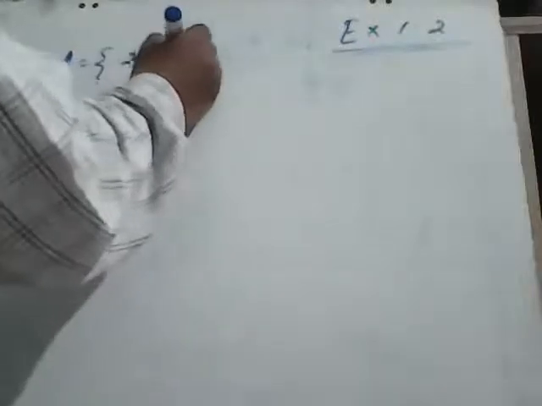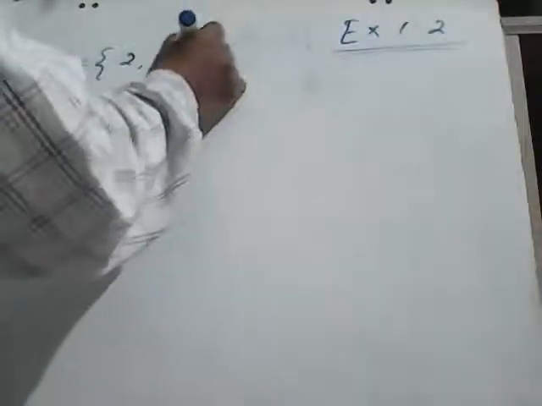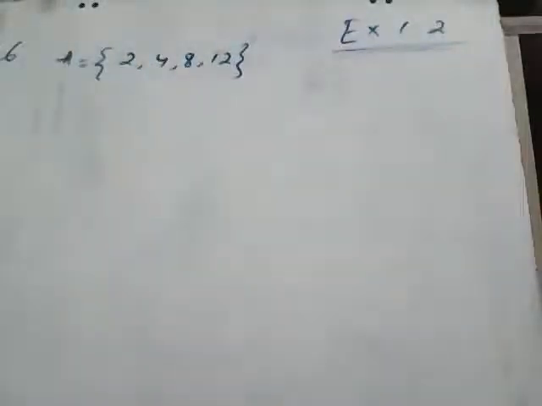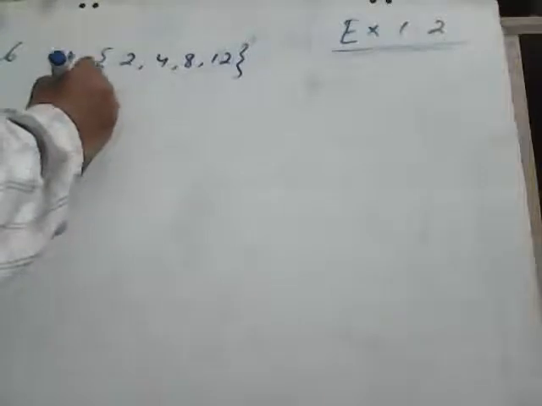When you are checking, select a set, compare that set with all other sets. Here, set A is written as 2, 4, 8, 12. Then set B. This set is 1, 2, 3, 4.